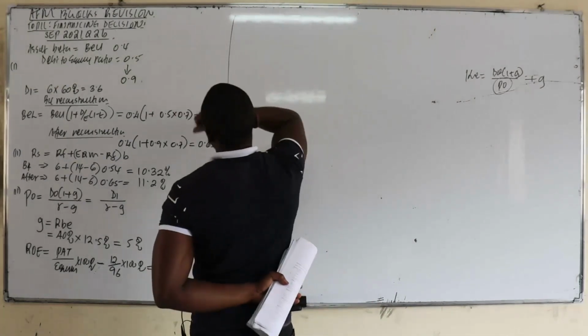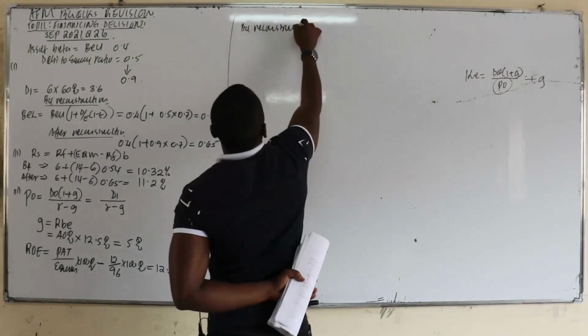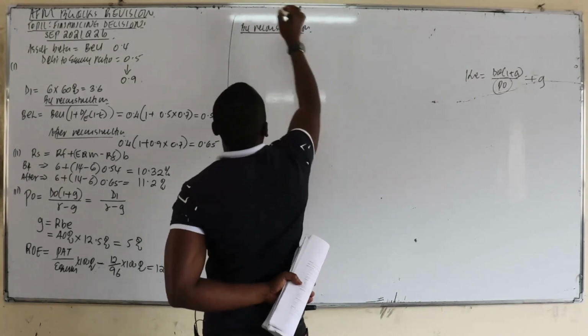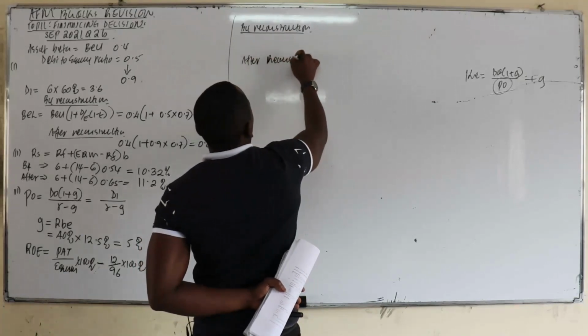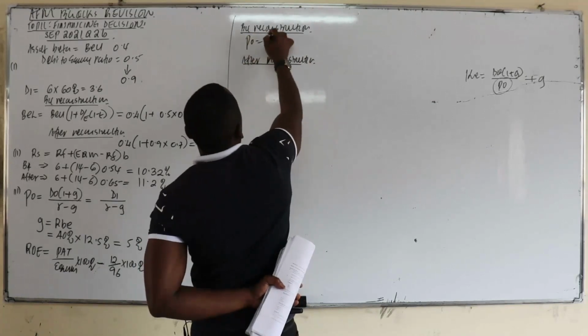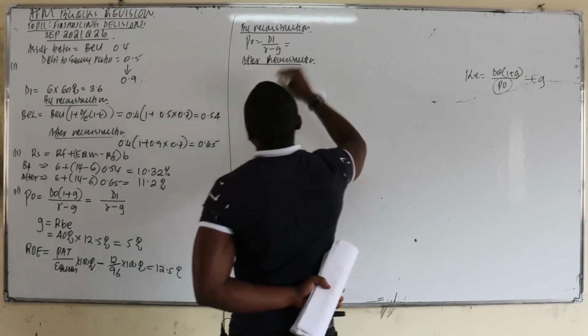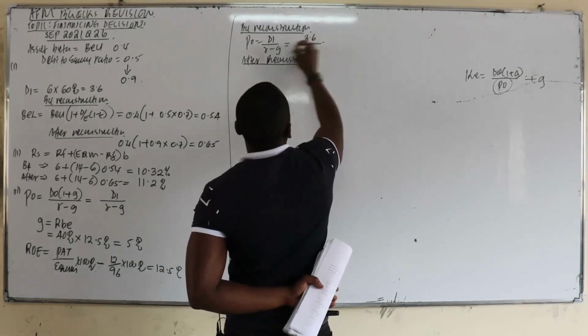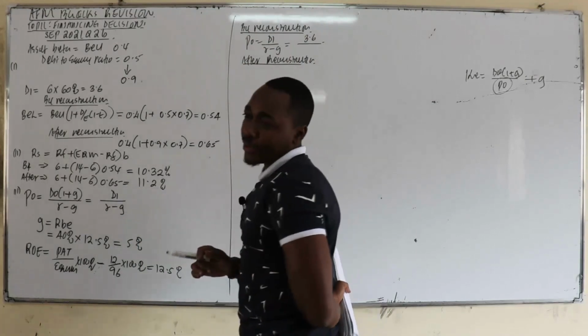So now you have to determine the financial implication of the changes in the share price, I mean the market price. Before reconstruction and after reconstruction. I've said that to get P0 is D1 over R minus g. D1 is 3.6. R is the cost of equity, right?